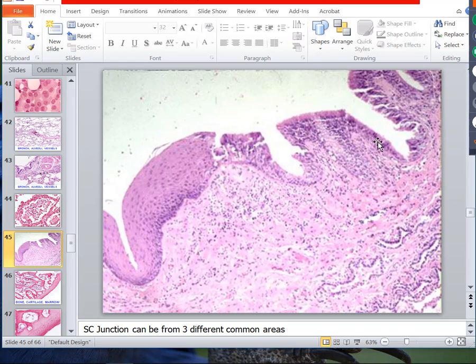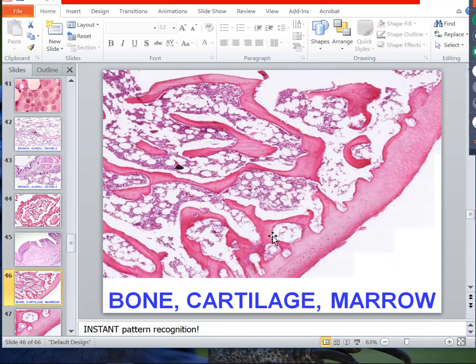Well, that might be a gastritis. If these cells were disrupted, that might be an esophagitis. And finally, what would happen if these cells here were lost or became thin? Maybe you'd call that gastric atrophy. So even though I'm not going to show you diseases associated with these squamocolumnar junctions, I think it's a good example of the basic patterns of common diseases.